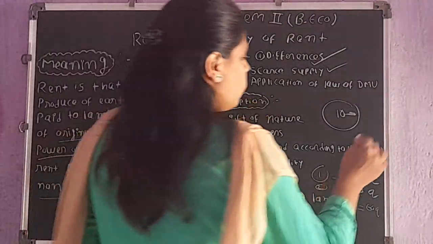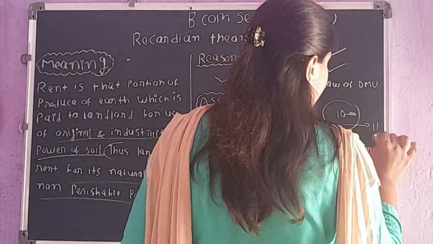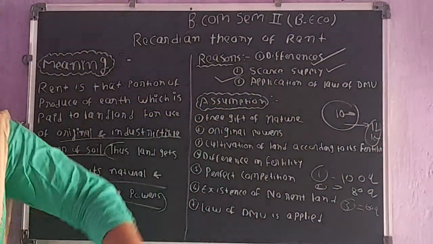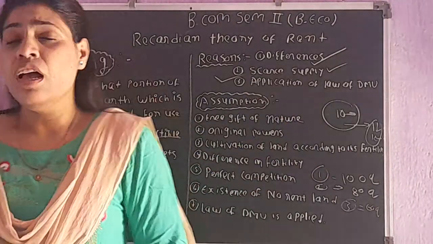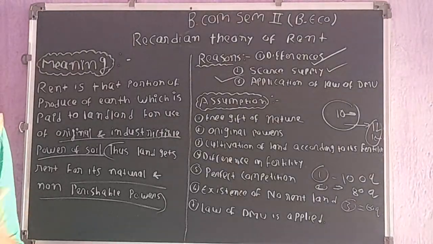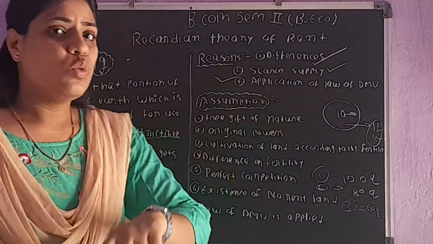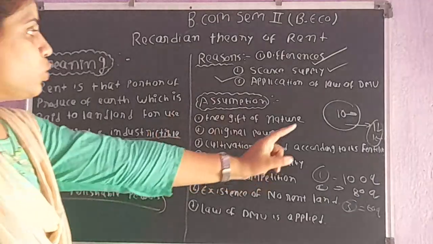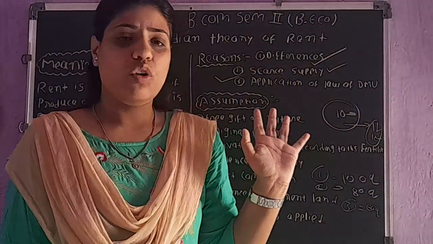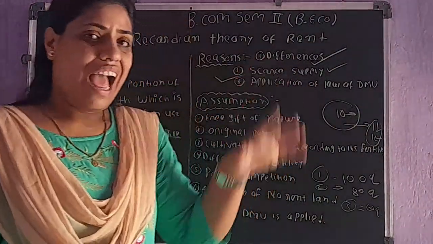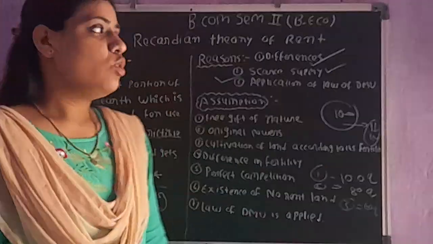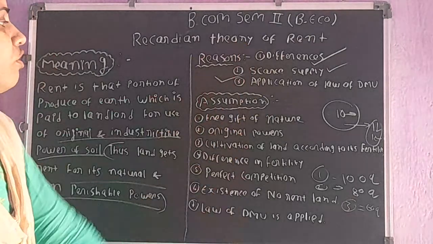And if you employ the 11th worker, the 12th worker, these workers who are being employed for production will not give any return, will not add to the production, but you will have to pay them. That is why they are going to bring diminishing marginal returns. So that is why we say that in case of the application of land, there is the application of the law of diminishing marginal utility. So it is one of the reasons for the emergence of rent.